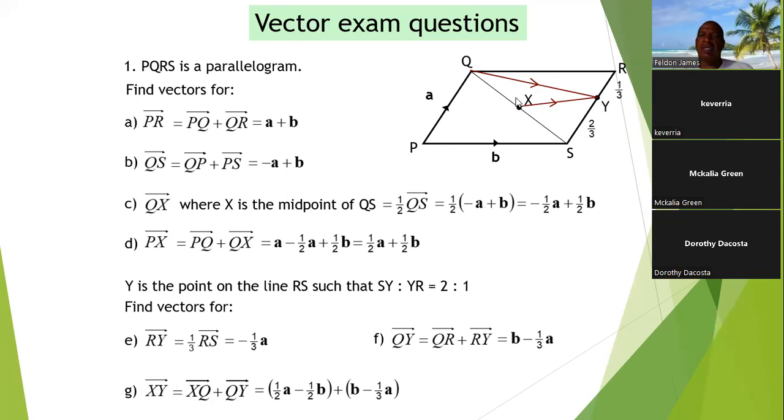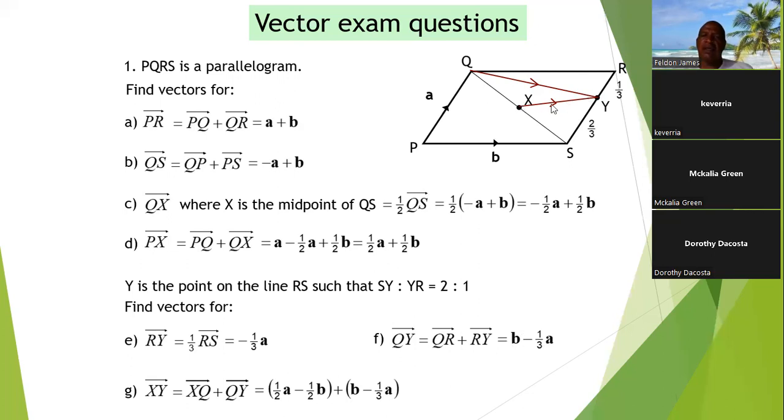So we say that going from X to Y, you go from X to S and then S to Y. But we know that Q to Y here, Q to Y would be this.